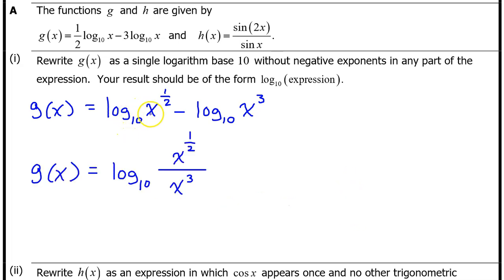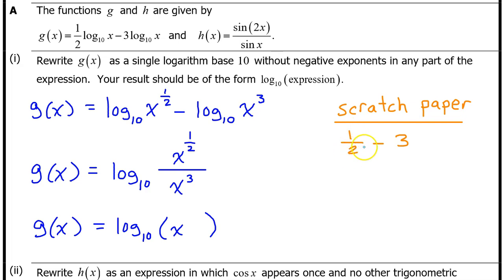Similarly, the log of x to the 1/2 power minus the log of x to the 3rd power can be written as the single log of x to the 1/2 power over x to the 3rd power. We know that when you divide with like bases, you subtract the exponents. So we can simplify down to x raised to the power of 1/2 minus 3.